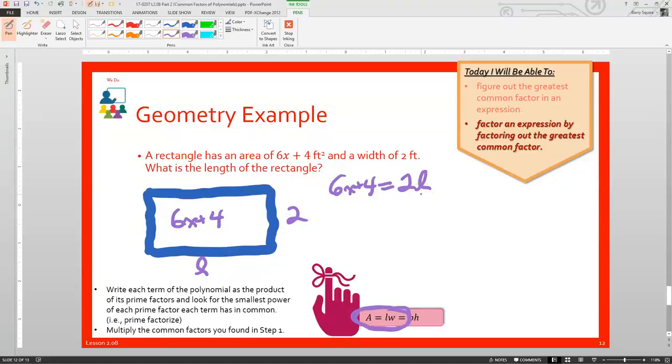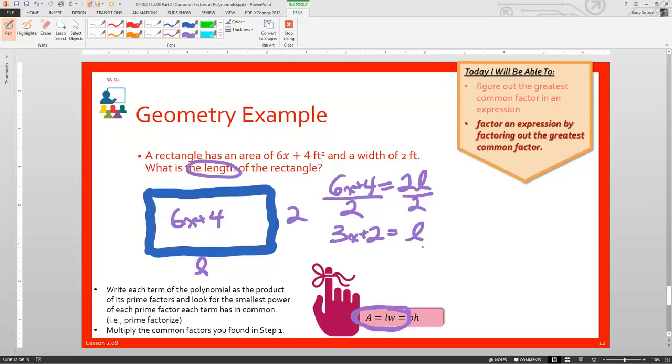We are looking to solve for L. So that means we need to get everything away from the L. We do that by dividing by 2. Now remember, if we're dividing by 2, we need to divide everything by 2. So this would become 3x plus 2 equals the length. So the length of this rectangle is 3x plus 2.